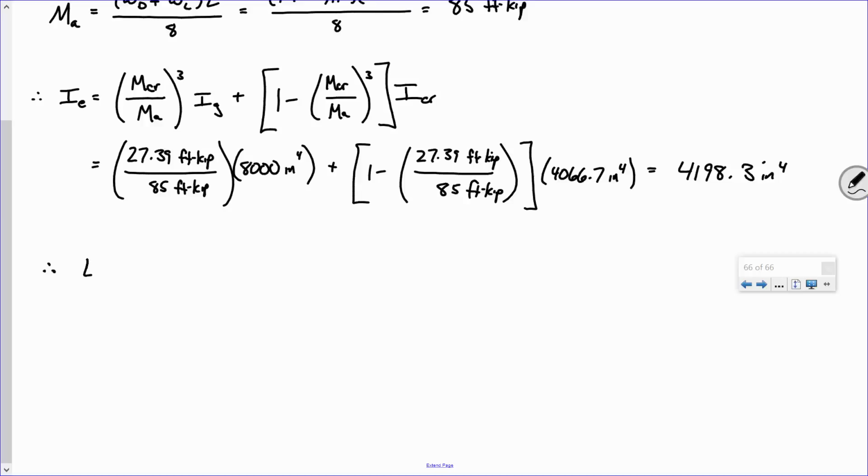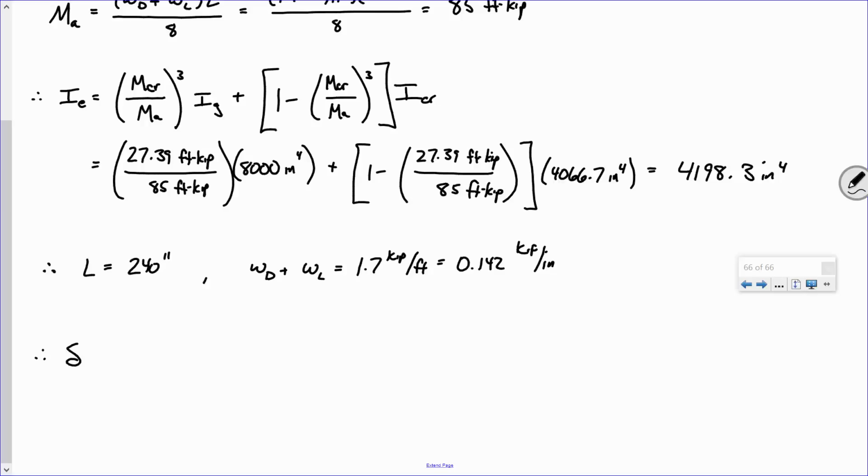So our length is still 240 inches. Our dead load plus our live load is 1.7 kips per foot, which is 0.142 kips per inch. Okay? So how do we compute the deflection due to the dead load plus the live load?